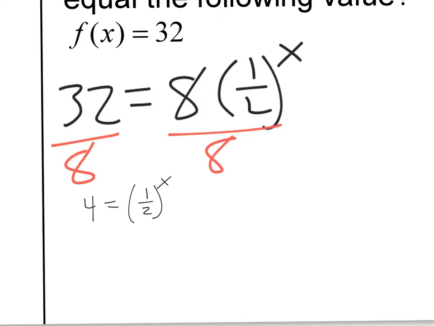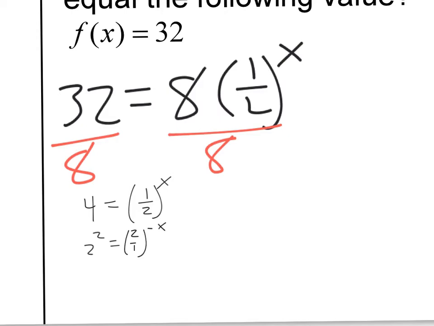Okay, this is very similar to those logarithm problems. I want to try to get these bases to match. I can do that because I see this has a 2 in it, and 4 I know I could write as 2 to the power of 2. So I'm going to write 4 as 2 to the 2 equals, and I know that if I made this exponent negative, that's like flipping this. So I'm allowed to write this as 2/1 to the power of -x.